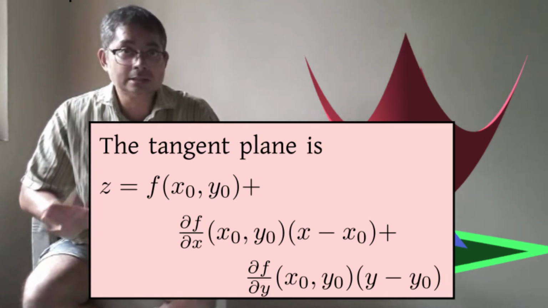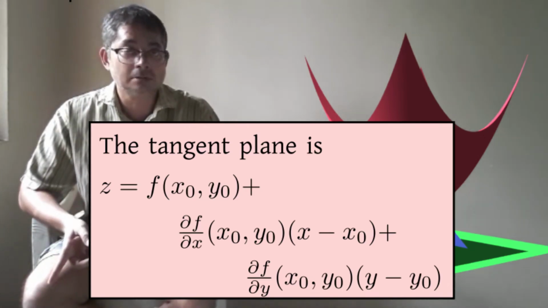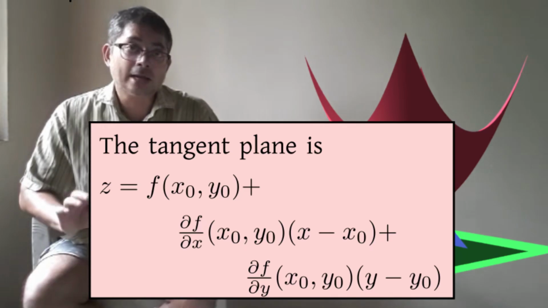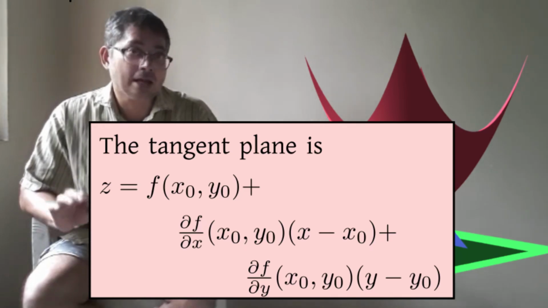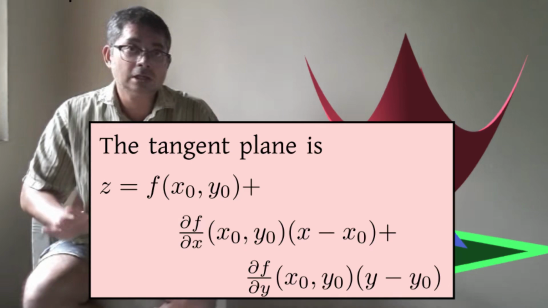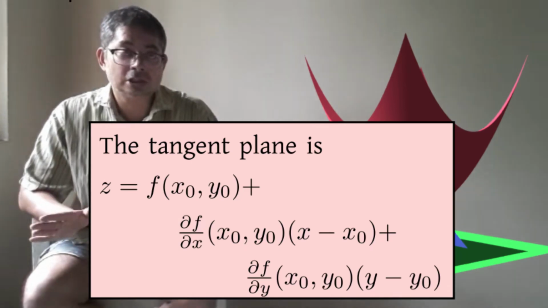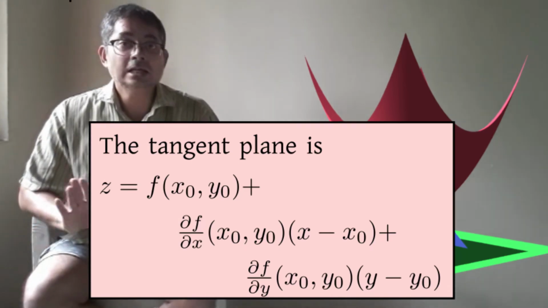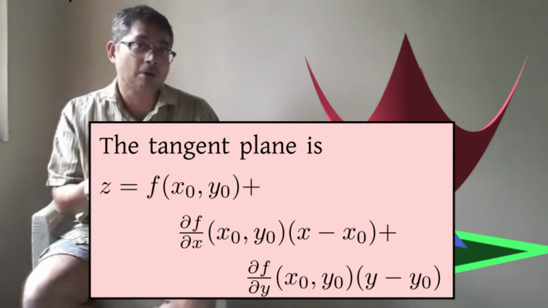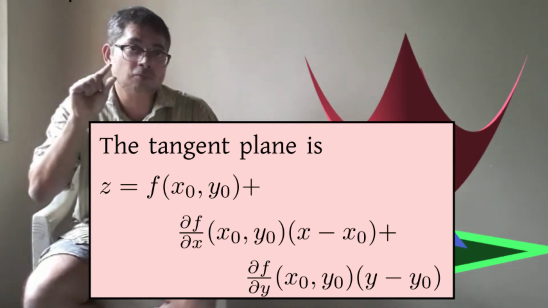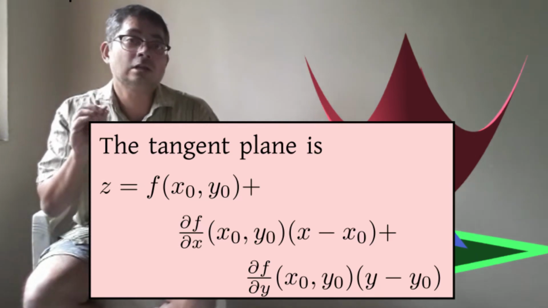So the mere existence of the two partial derivatives is not enough to guarantee differentiability of f. I am not giving you any other condition on differentiability of f. I am merely saying if such a plane exists with that property, that the vertical gap will be of the order of little o of h.